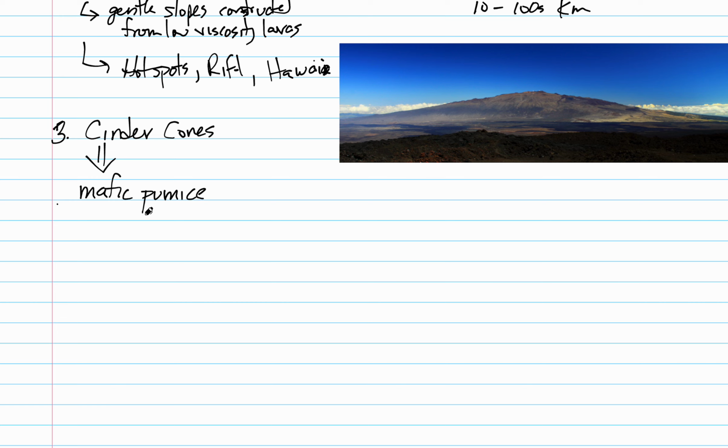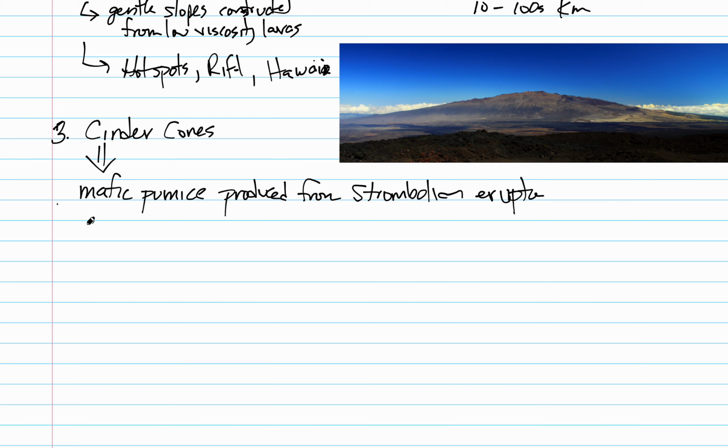And so if you can get an eruption that's making all these little mafic pumices produced from Strombolian eruptions, you can get a little volcanic edifice that built up over maybe 50 years.